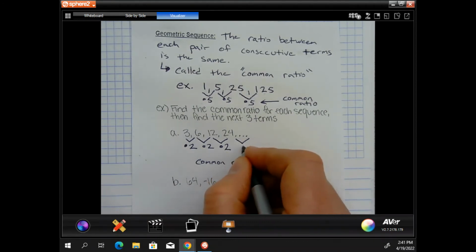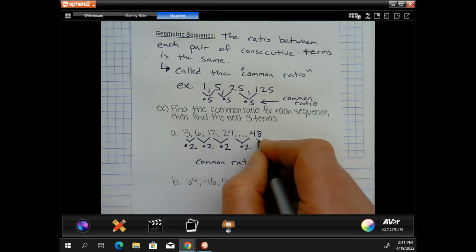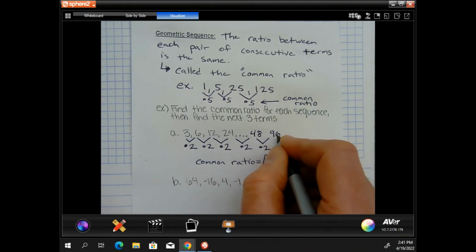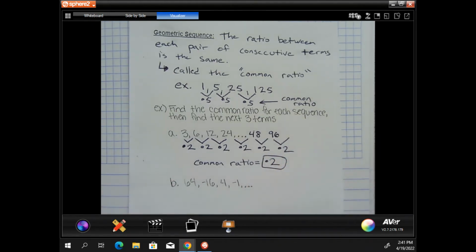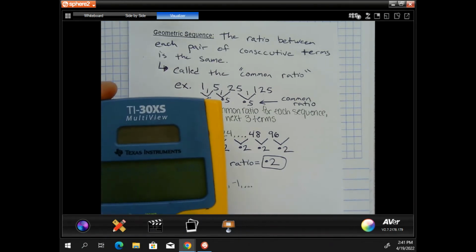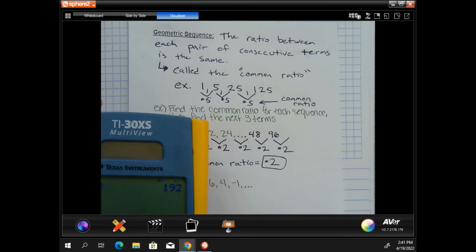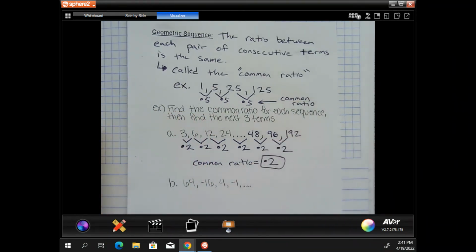And then 24 times 2 gives me 48. 48 times 2 gives me 96. And remember, as you're working on these, you can use a calculator. And I would just go 96 times 2, and I'd get 192. So there are my next 3 terms for this sequence.